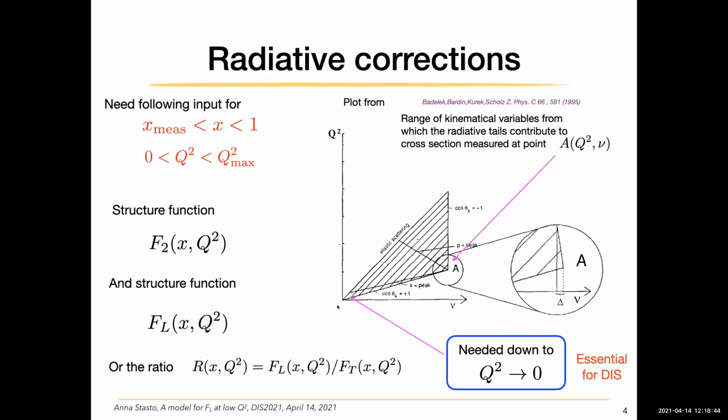So one needs knowledge of the structure functions in this triangle. In other words, one needs the following input: for x's that are bigger than the x measured, but in a range of Q square that goes down to essentially 0. And we need both structure functions F2 and FL, or the ratio R. So this is the motivation.